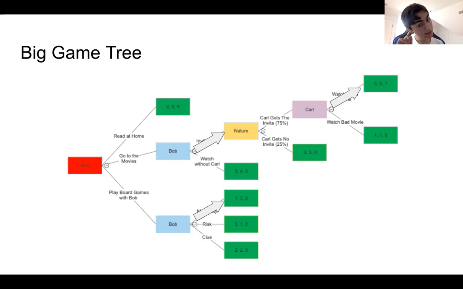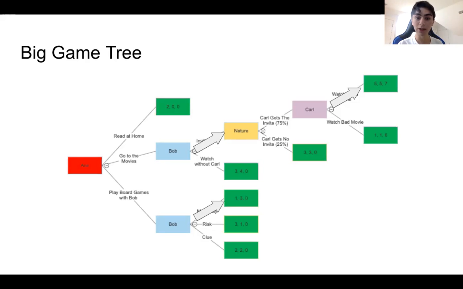So now Anne has to analyze all of this, right? So she can either choose to read at home and get a payoff of 2. She can choose to play board games with Bob and get a payoff of 1. Or she can go to the movies with Bob and get a payoff of 4.5 again. I'm very glad I made those numbers the same.